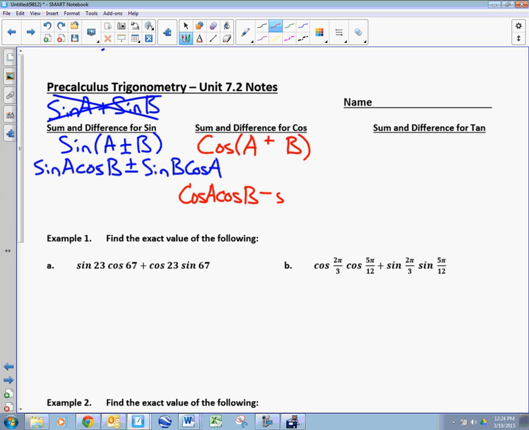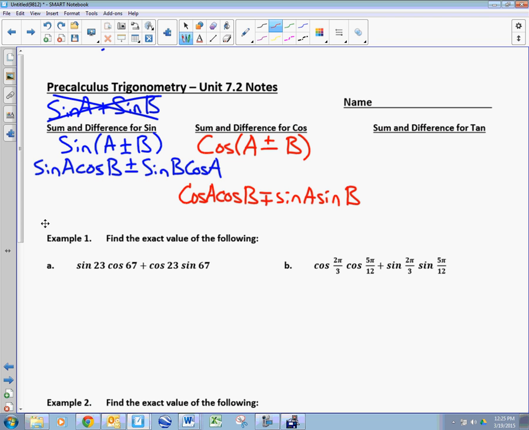So we do minus the sine of A times the sine of B. So suppose instead of plus it was minus, what would I put down here? Plus. So the plus and minus switch for that one.